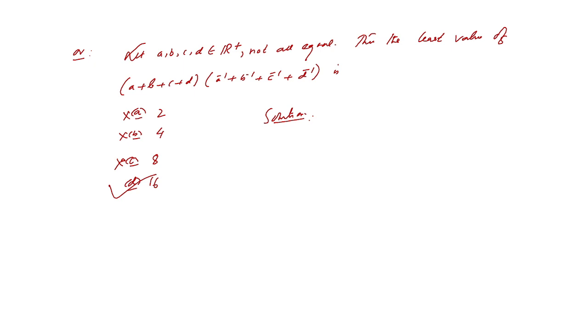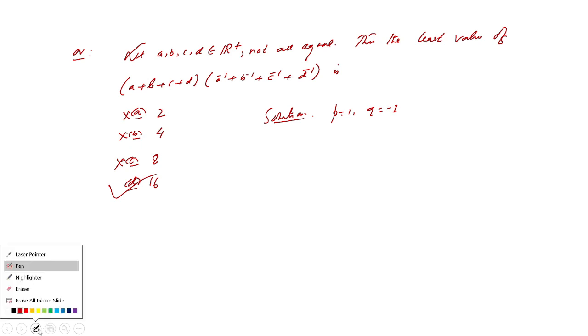Just we apply the previous inequality. We will take p equals 1 and q equals minus 1. To see the power, we can consider a to the power 1 plus b to the power 1 plus c to the power 1 plus d to the power 1. So here 1, 1, 1, 1. So I just consider p equals 1, q equals minus 1. That means p and q are opposite sign.